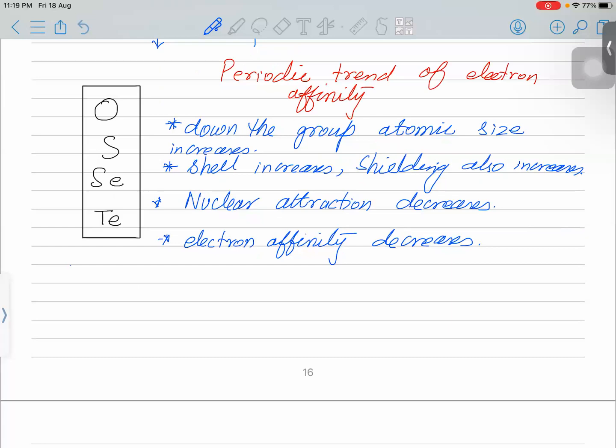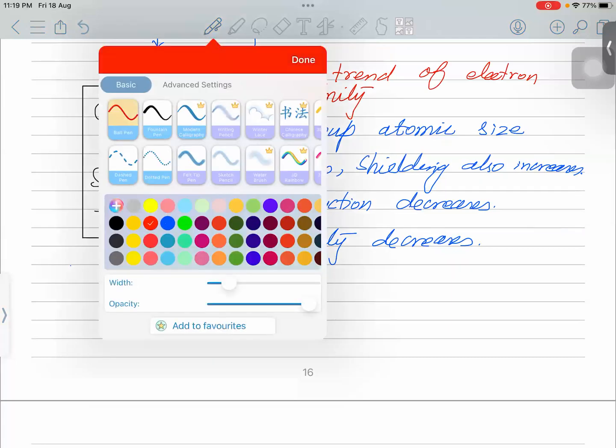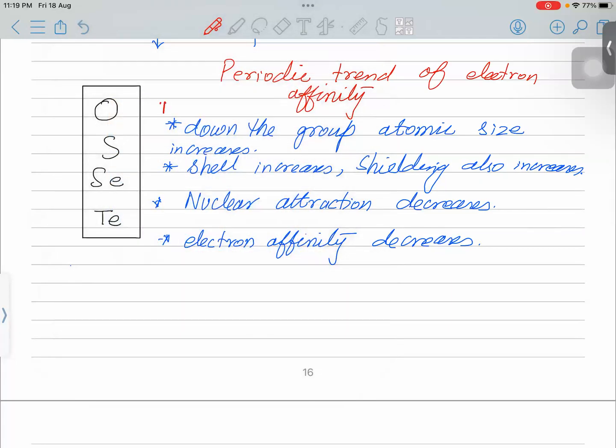Now this is down the group, right? Now across the period.